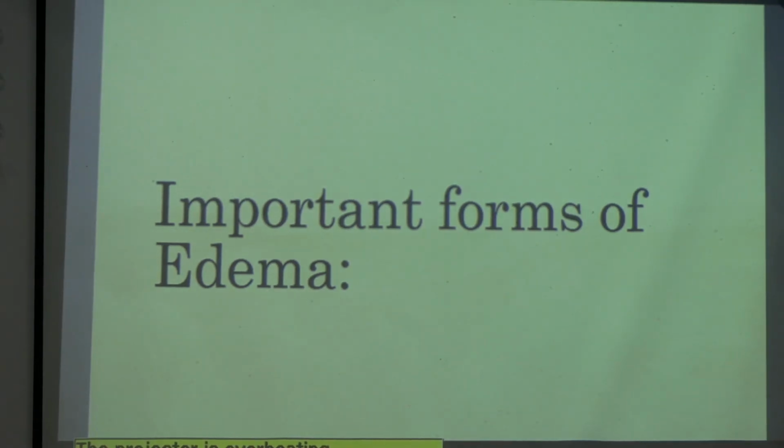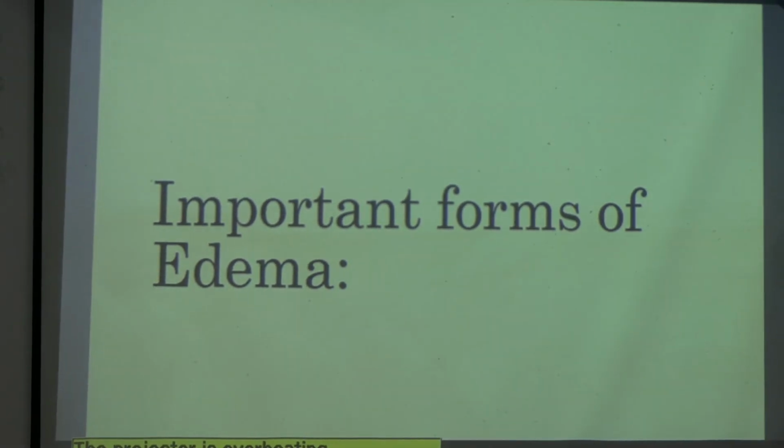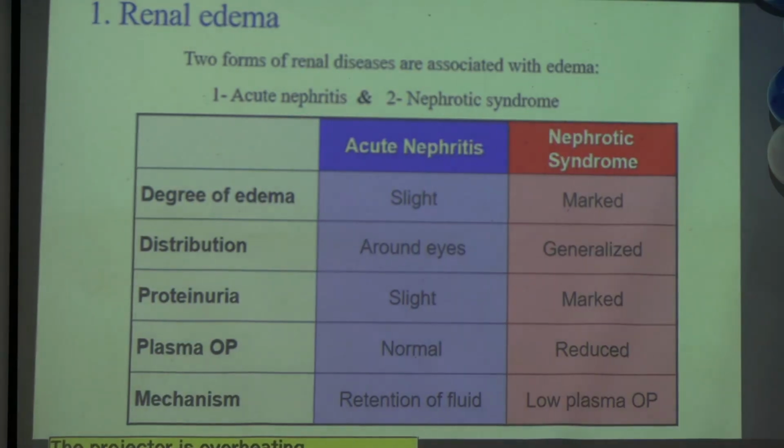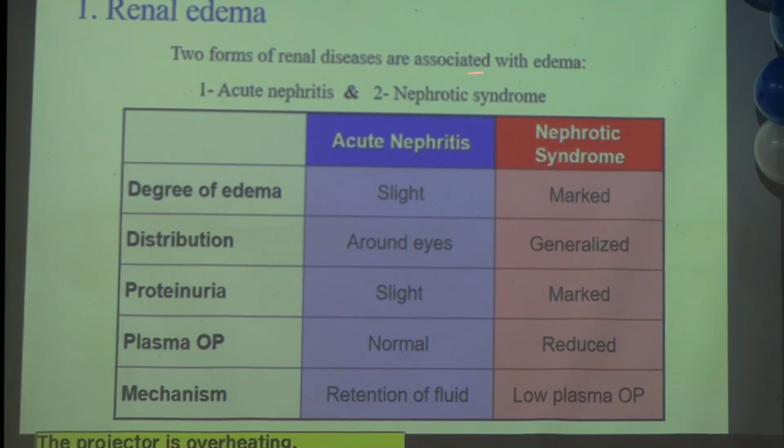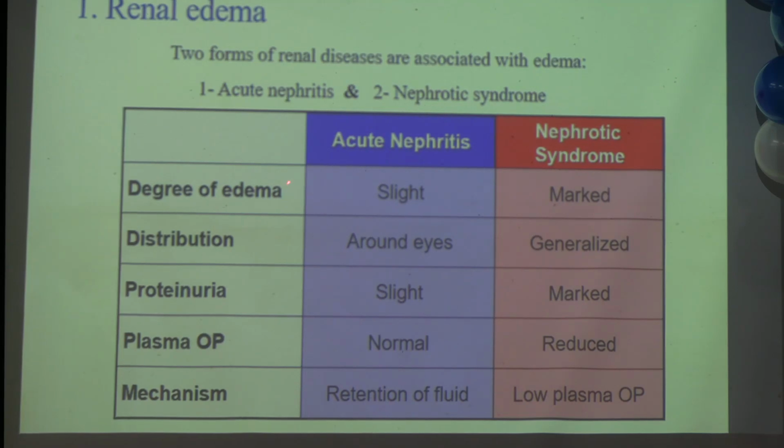Now we'll learn about a few important forms of edema which are organ specific. First is renal edema. In cases of renal disease, the edema is usually associated with two conditions: either acute nephritis or nephrotic syndrome. So how are they different? The degree of edema in acute nephritis is slight, but in nephrotic syndrome it is marked.